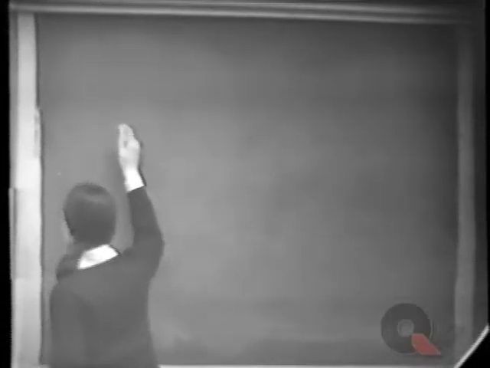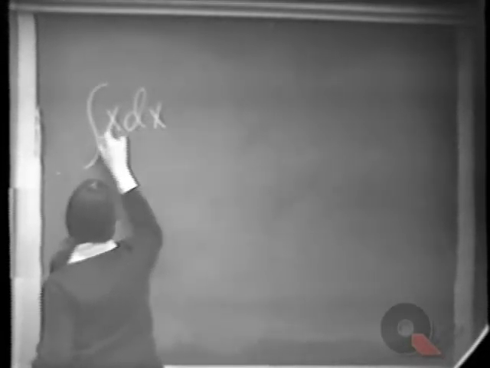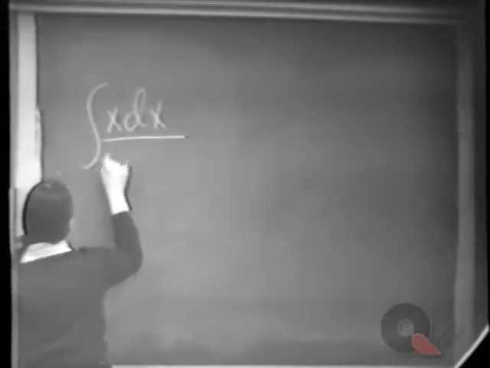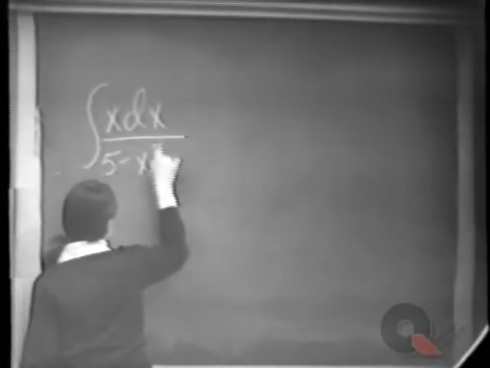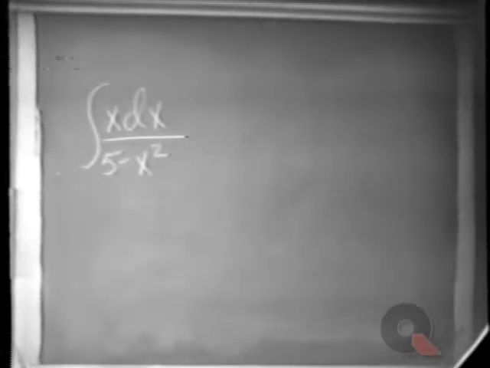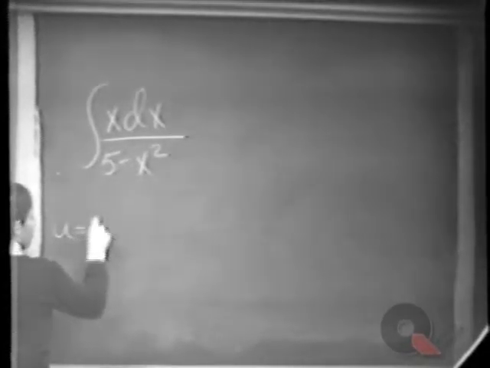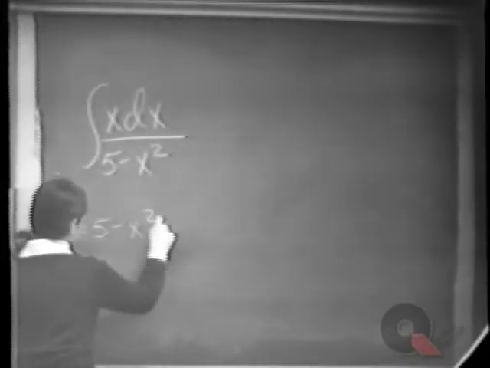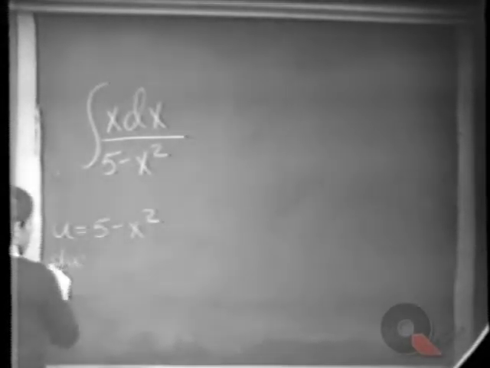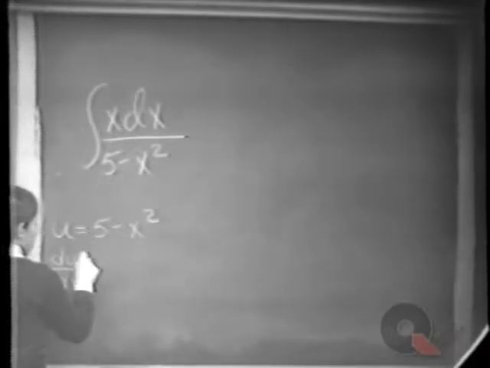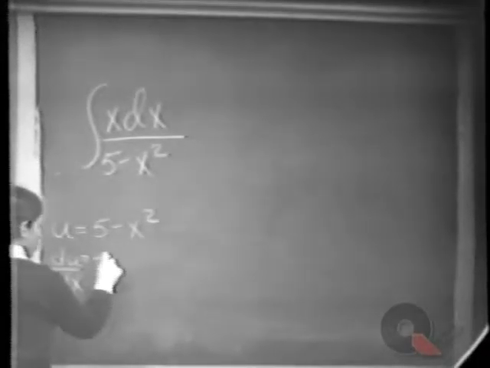As a second example, consider this problem. The integral of x dx over 5 minus x squared. Okay, if we were to let u equal 5 minus x squared, then du dx would be equal to minus 2x.